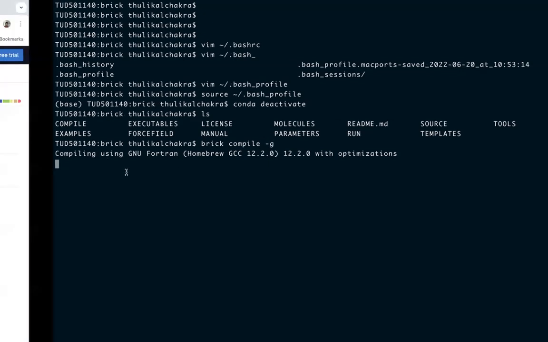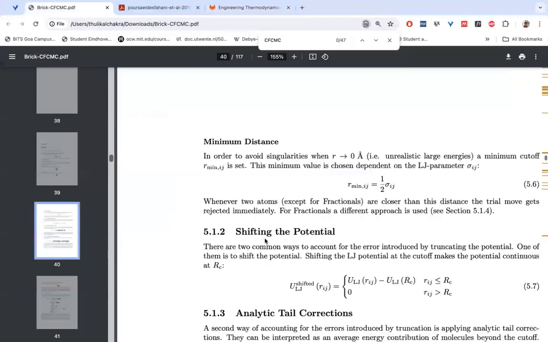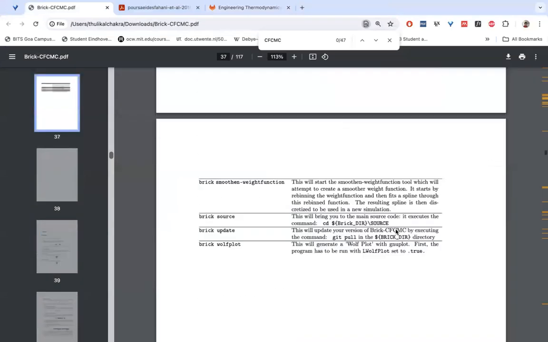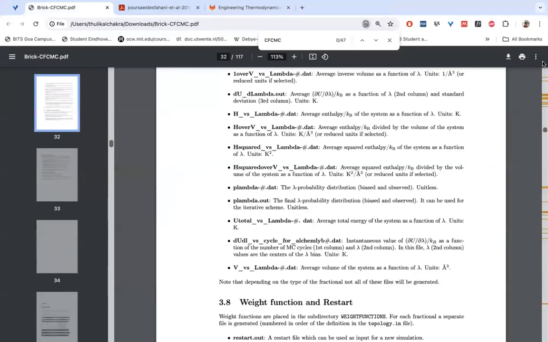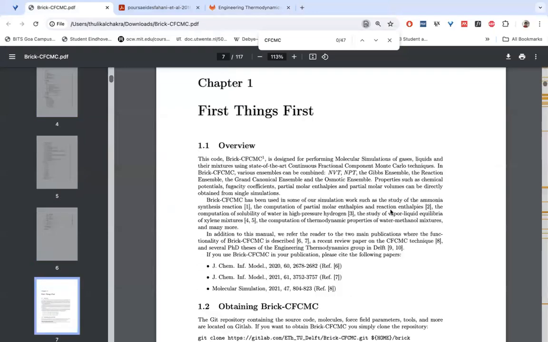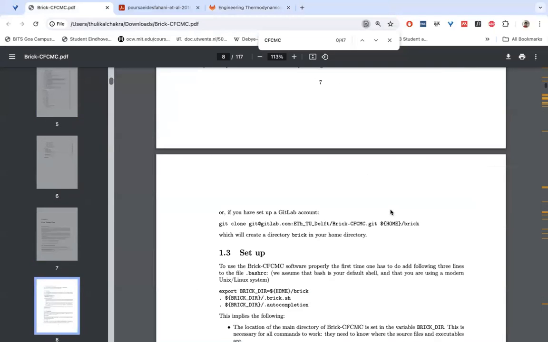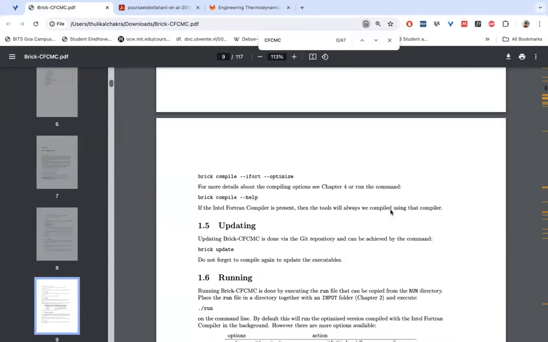Now, the nice part about all of this is that the manual is extremely well written, and all of the information is available in the Brick CFCMC manual. Here you see how to install it, obtaining Brick, setting it up, compiling, and so on.